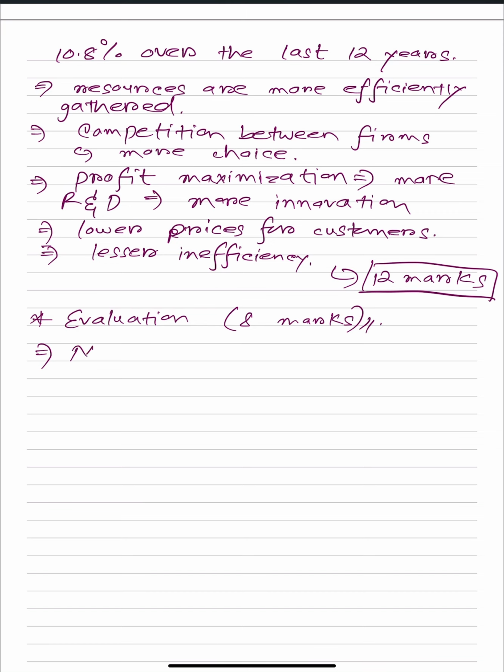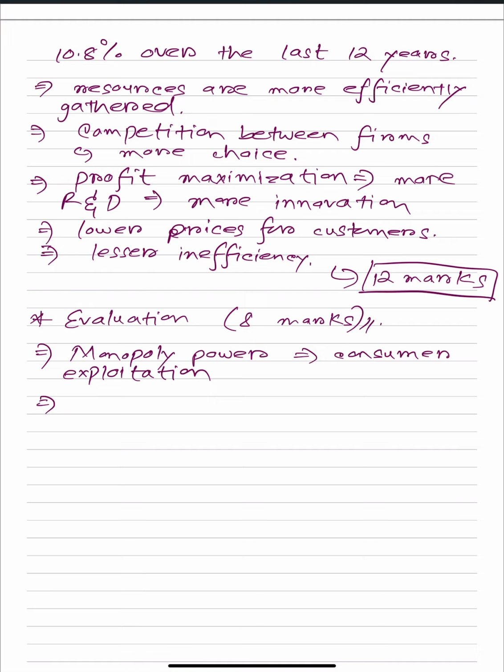So the firm can get monopoly power, and if they do so, the firm will exploit consumers and charge very high prices. So that is a problem. That can be one point.